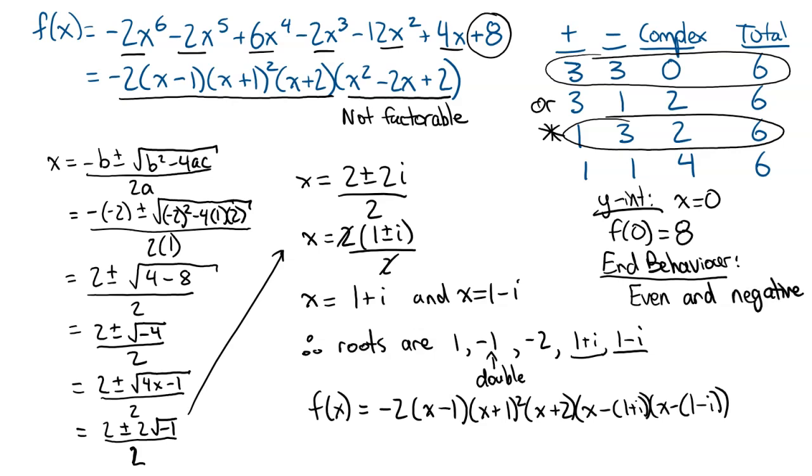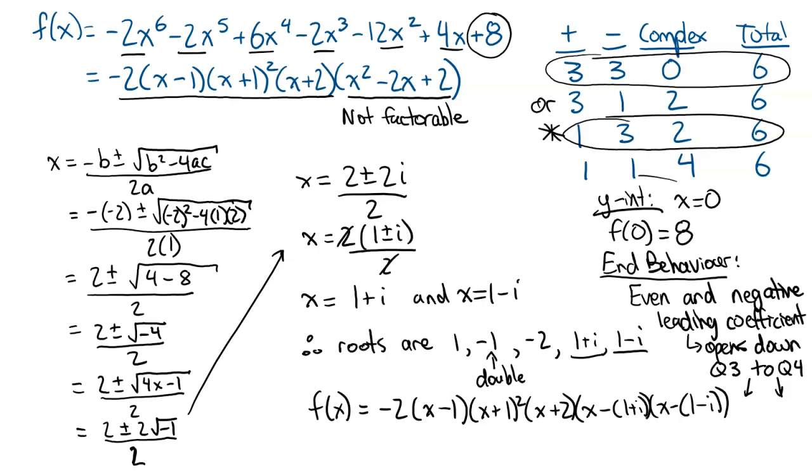And so because it has a negative leading coefficient, that means it must be opening down. And so if it opens down and it's even, then it's going to look something like this to this. And so that means it's going to go from quadrant 3 to quadrant 4.